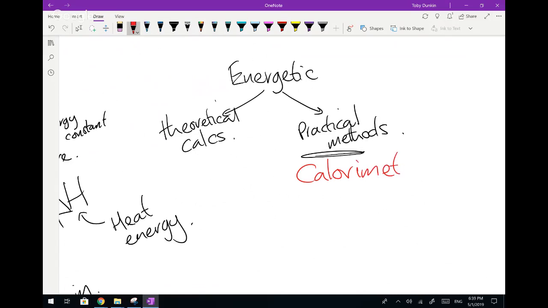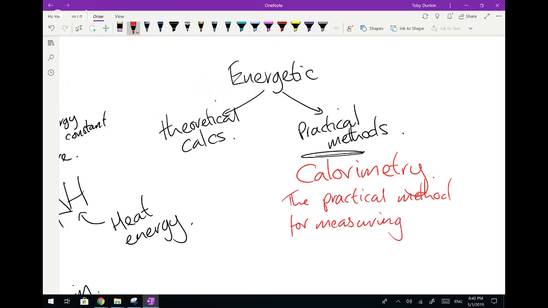Calorimetry is the practical method for measuring heat change. It's nice to have the definition for that: the practical method for measuring heat energy change.